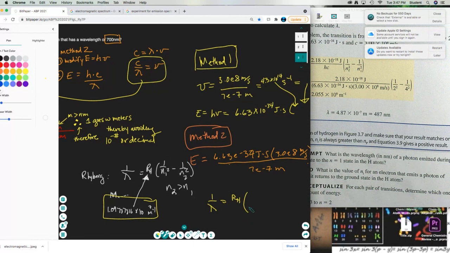Emission? Good, right? Because it's going from 3 to 1. So it's giving off energy. We'll see a spectra from it.